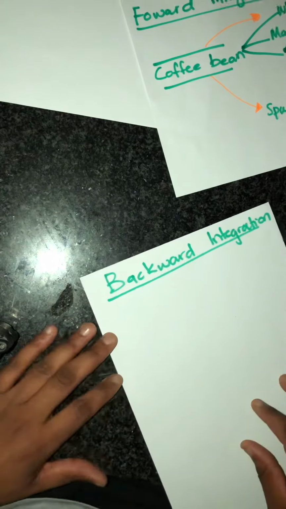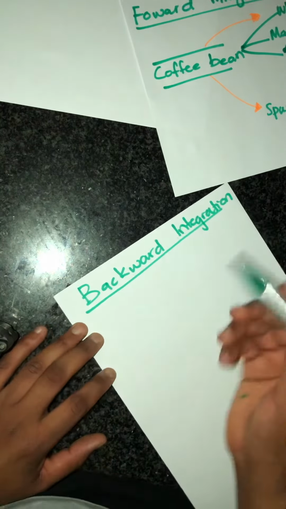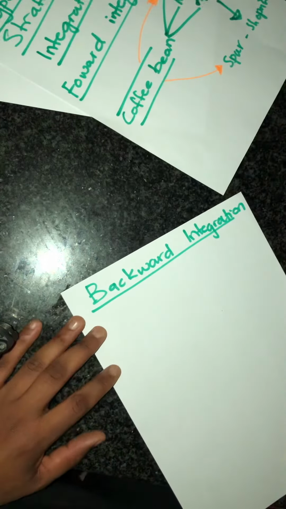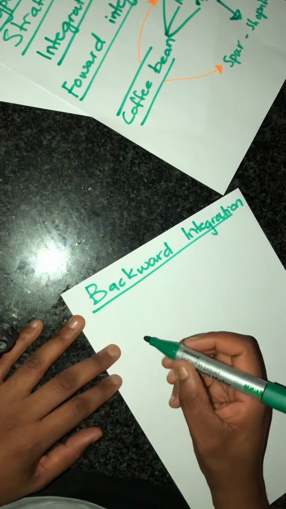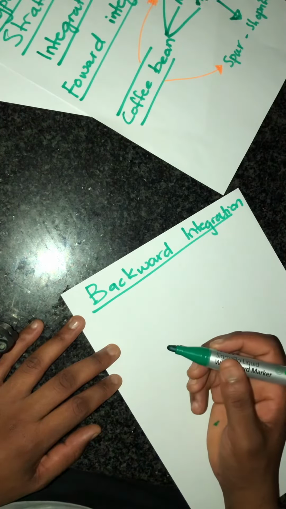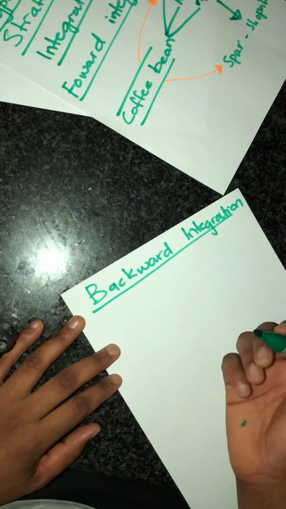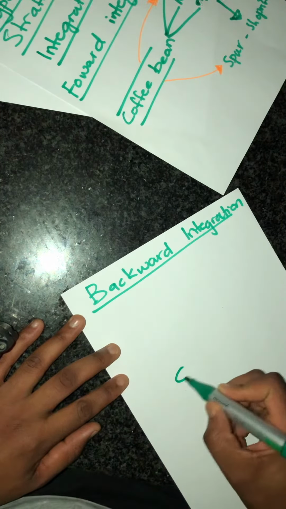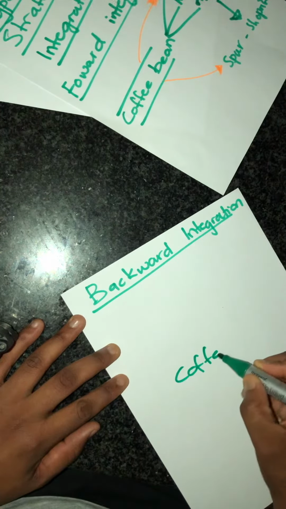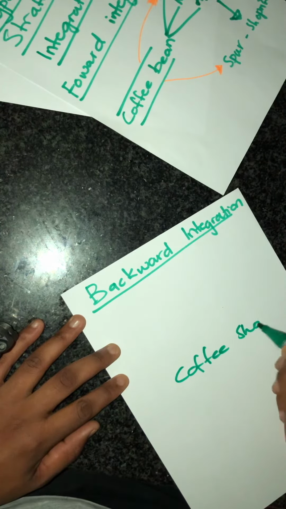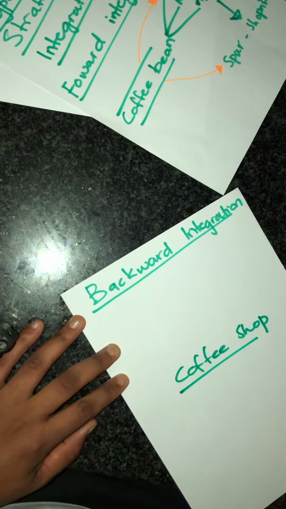And the second one we have under integration strategy is backward integration. Backward integration is when a business now combines with or takes over its suppliers. You have your coffee shop. I would use the coffee shop because I love coffee.